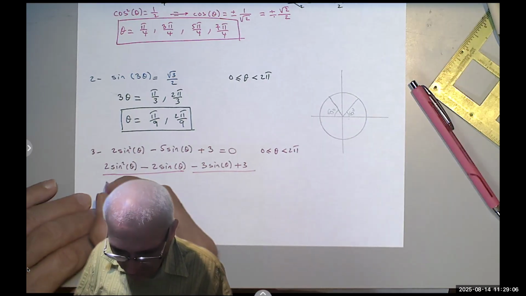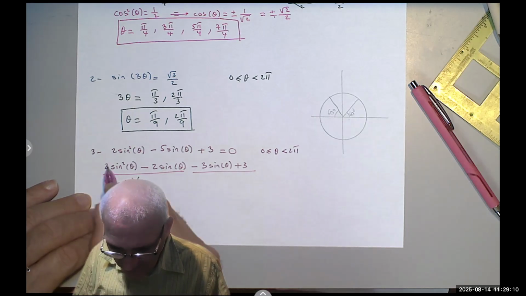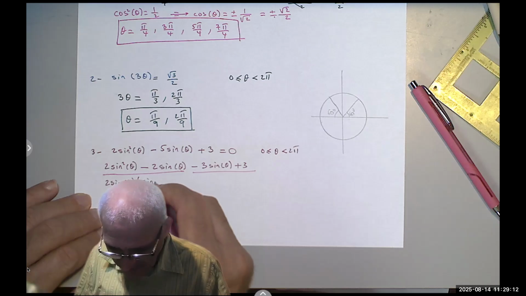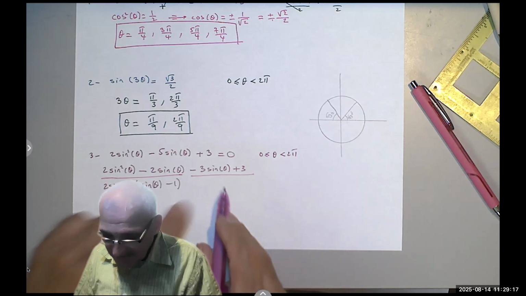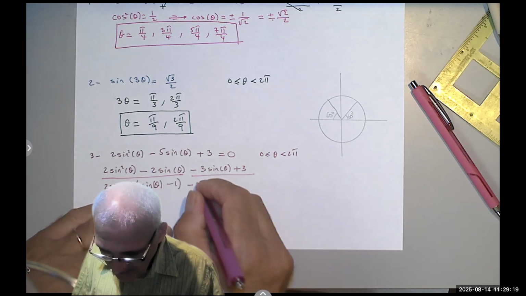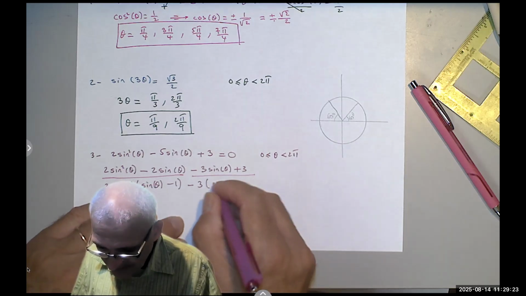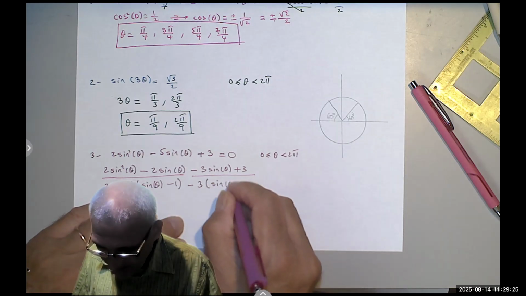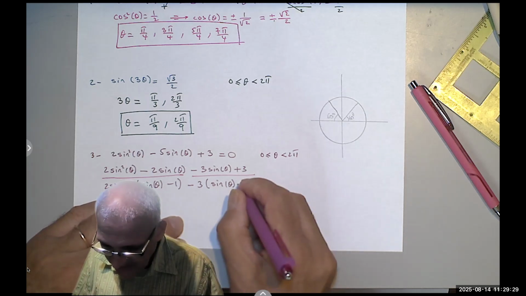So I can factor 2 sine theta, and that leaves me with sine theta here minus 1, right? But here I subtract 3. I take -3 as a factor, so that would leave me with sine theta. Be careful, I factored out the negative, so the positive becomes -1.